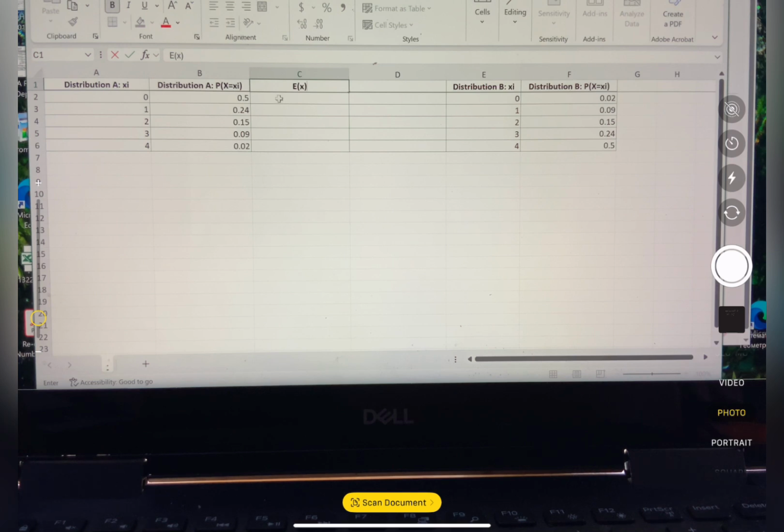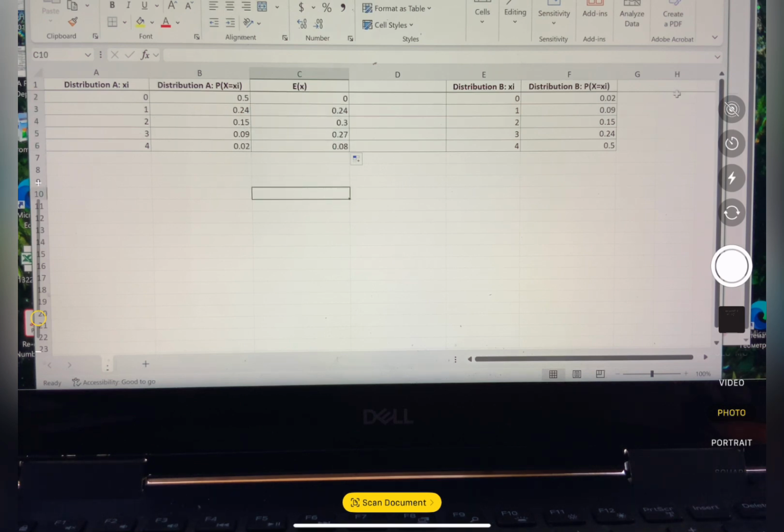Let's do it. So equal sign, x multiplying by probability. Here of course I will get 0 because x is 0, but from here I'm going to drag down, and I'm not freezing anything because every case has its own probability. And here we got it.